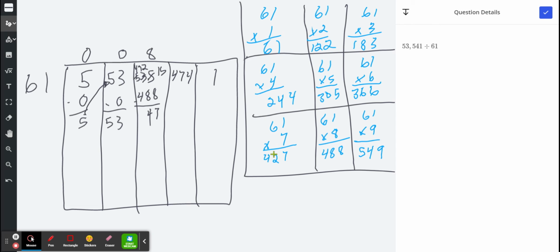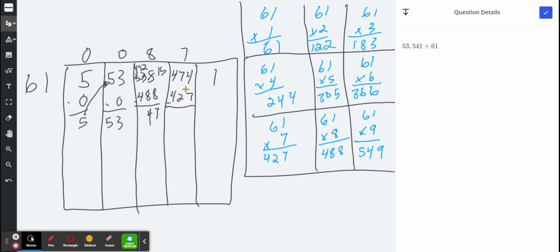But if I go down here, I see 61 times 7 is 427. It's pretty close. You should check the next one. 61 times 8 is 488, which is too far. So 61 goes into 474 7 complete times. And 61 times 7 is 427.